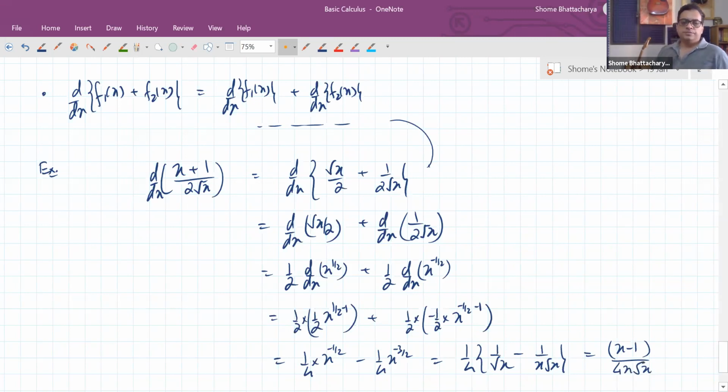Okay, so hope this calculation is clear. So this derivative comes out to be this finally, after taking the LCM and all that. So these steps finally here are just algebra.